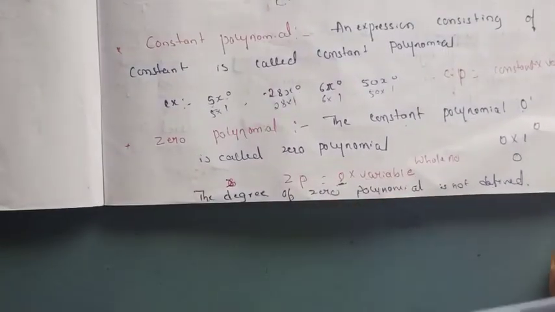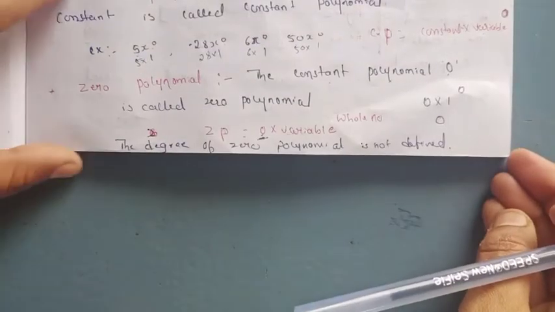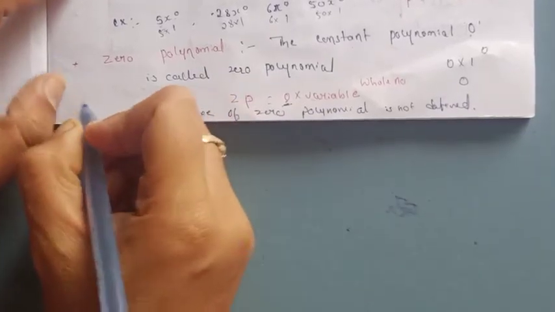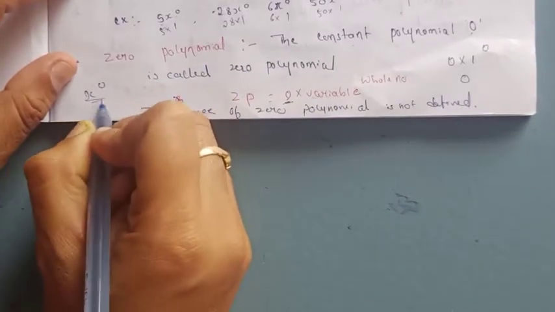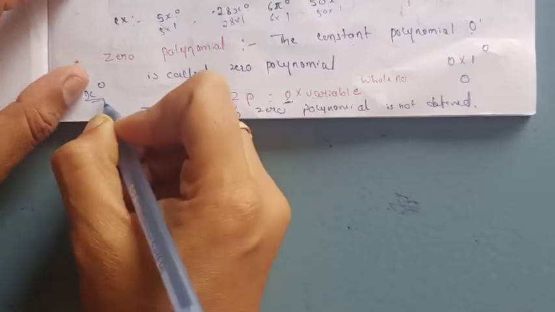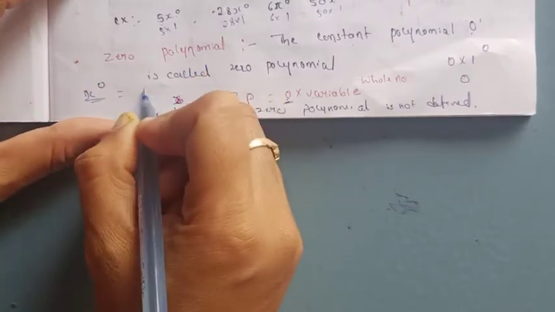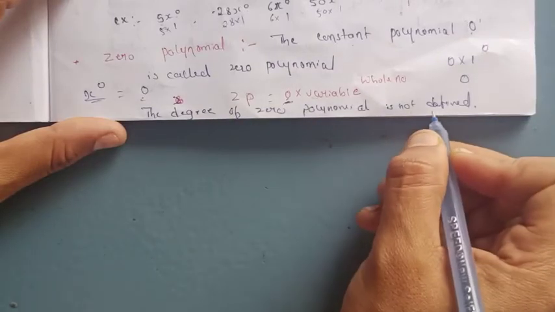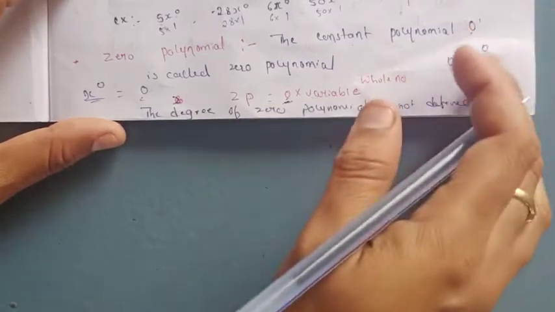They are called zero polynomial. The degree of zero polynomial is not defined. The degree here, we can't define because the constant is already 0. We can't get any variables. So it is 0. The degree of zero polynomial is not defined.